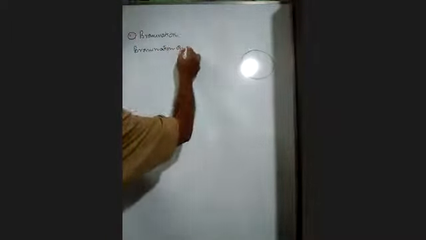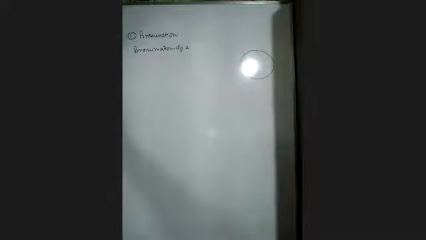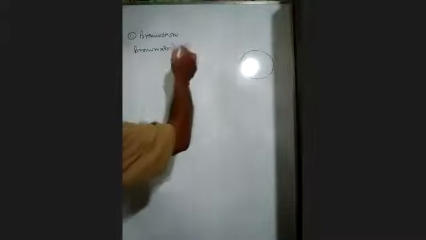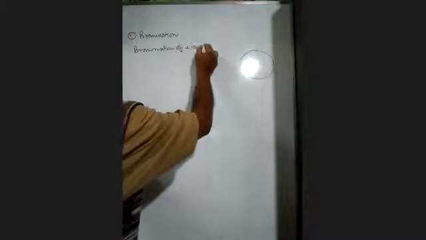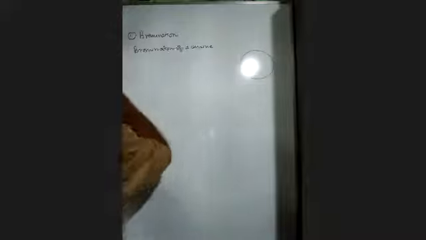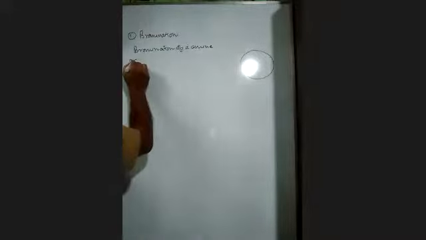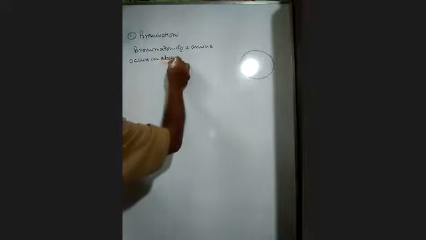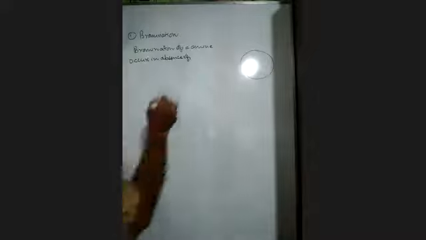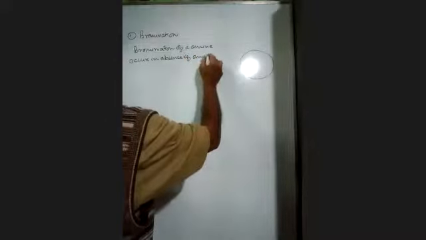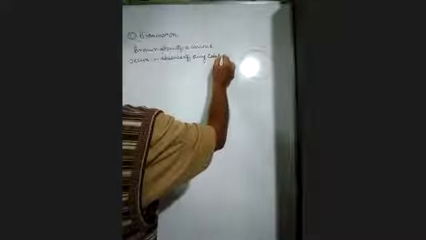So we'll write here now. Bromination of amine occurs in absence of any catalyst. So sometimes we call it halogen carrier.